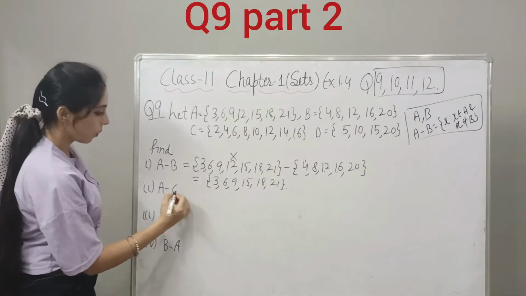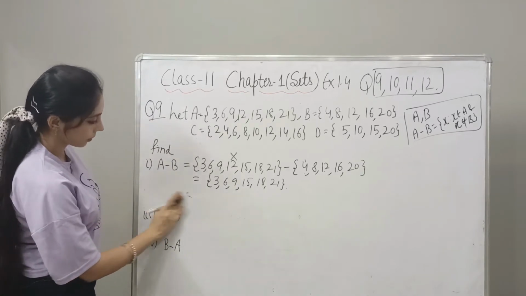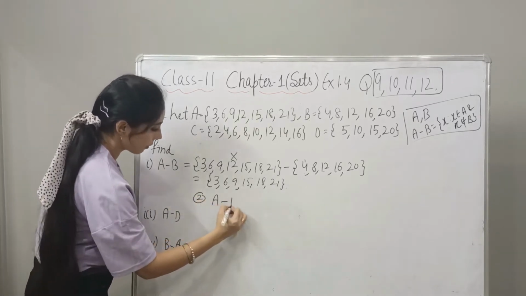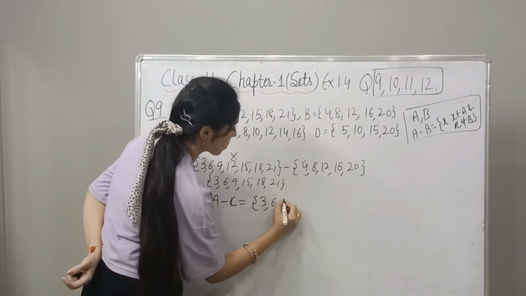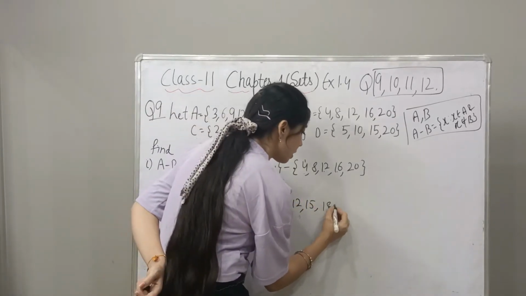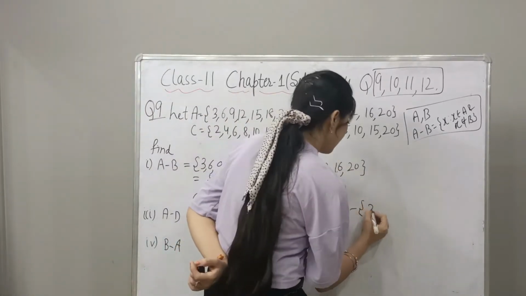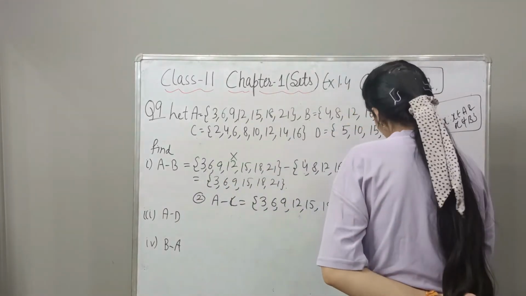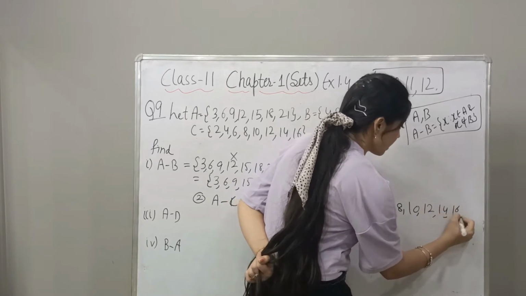So what about A difference C? A is all the multiples of 3 which are less than 24. We have to find the difference with C. C contains all the even numbers or multiples of 2 which are less than 18: 2, 4, 6, 8, 10, 12, 14, 16.